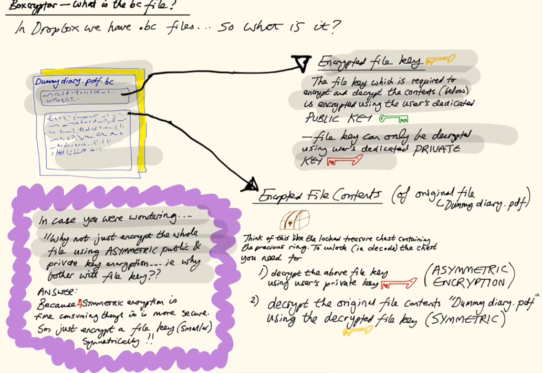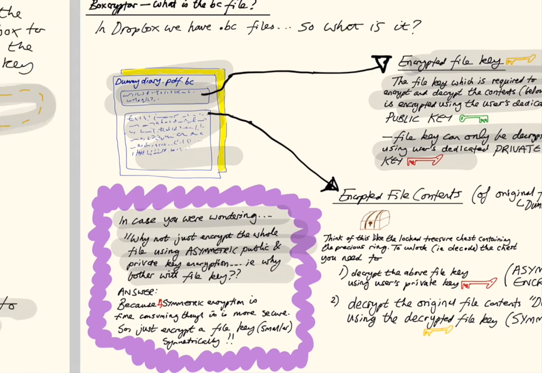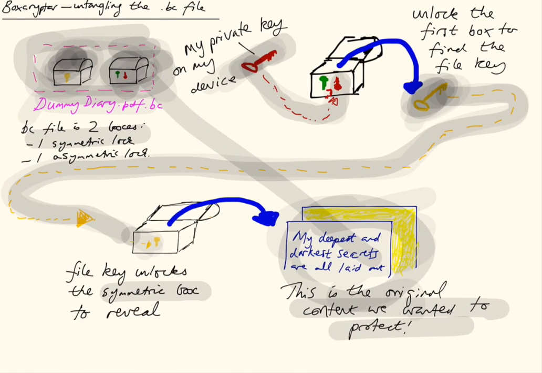So if you take a huge file like a massive PDF, or you can encrypt any files in Boxcryptor, to encrypt the entire contents of that file using the public key and decrypt it using the private key is very time consuming, right? So instead, you use symmetric encryption to put the file in its raw format in this box here, which is very quick.